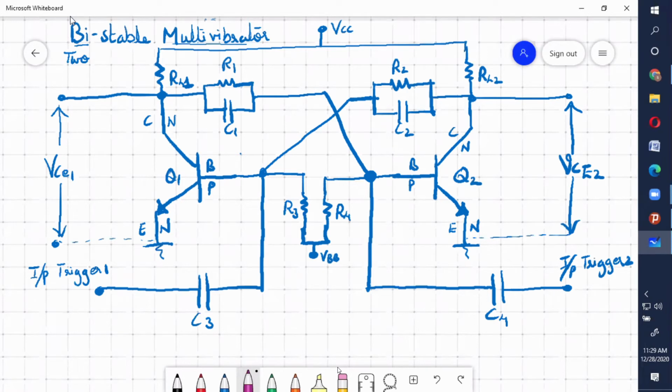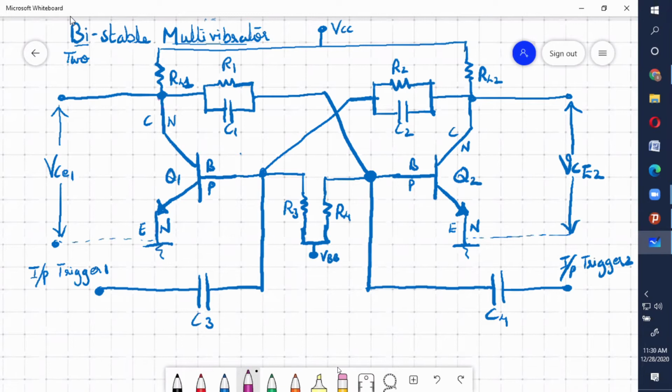The emitter is already connected to ground. It means that at the collector, what value will you get? If collector and emitter are shorted, the voltage value at the collector is how much? Zero. Understood, right? So that is 0.